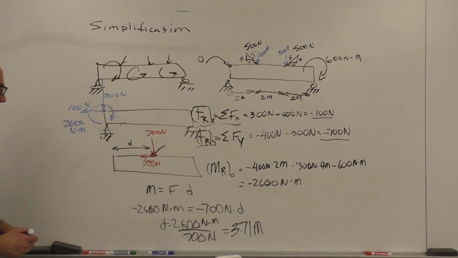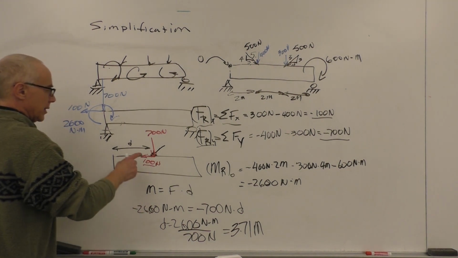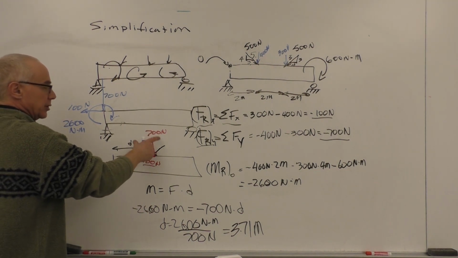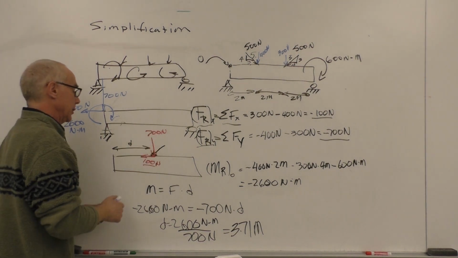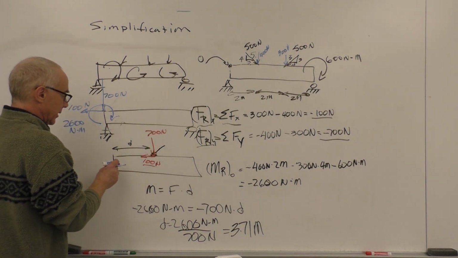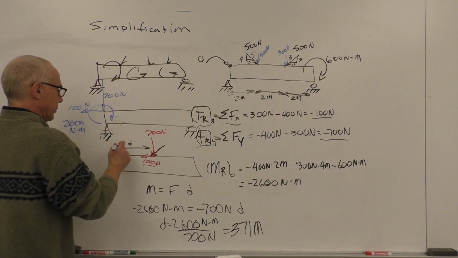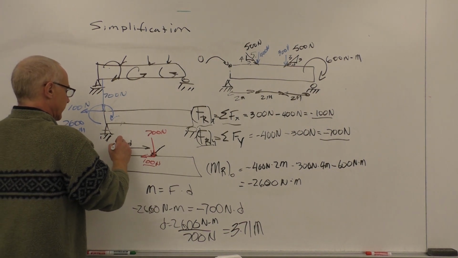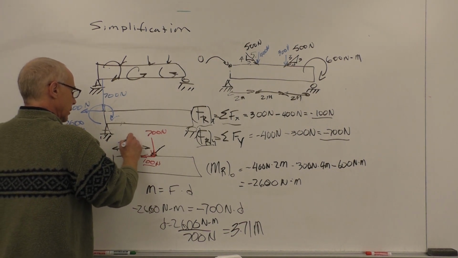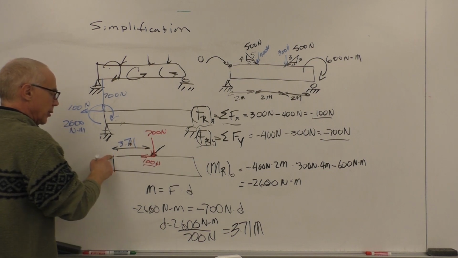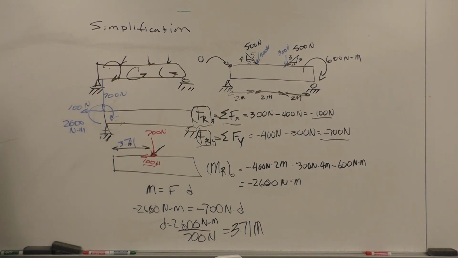So that's how we find our simplified system. Our simplified system has a single vector. We're showing its two components, 700 and 100. And it's a distance of 3.71 meters from the left-hand side, from our original point O location.